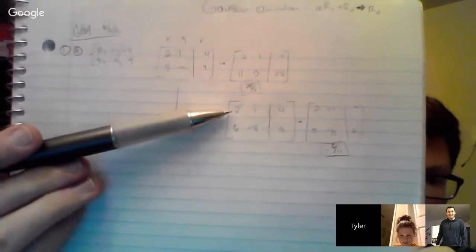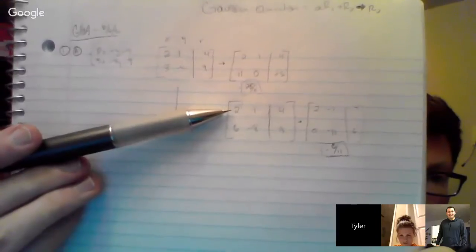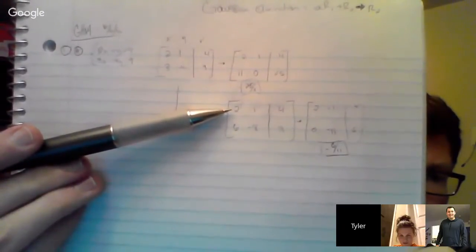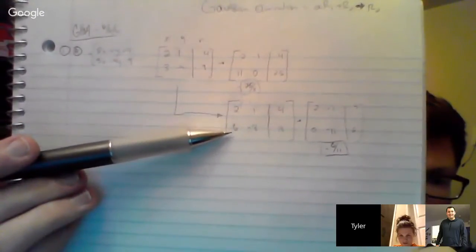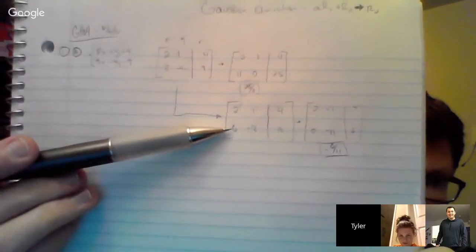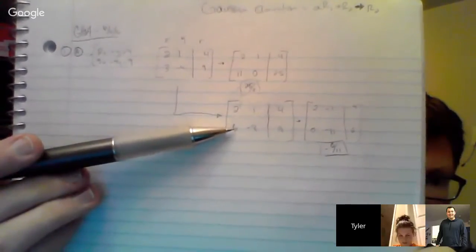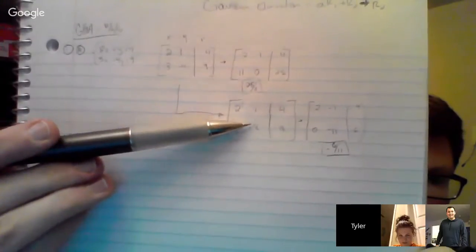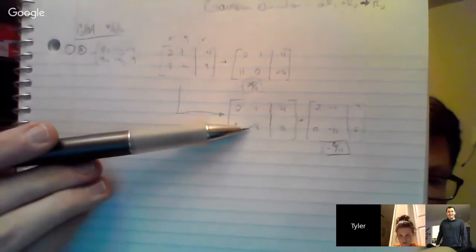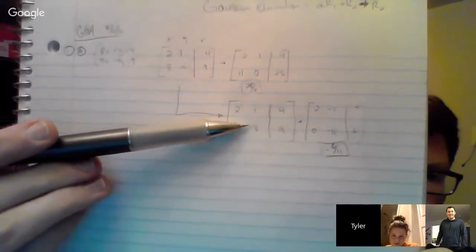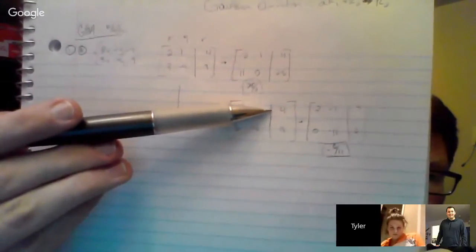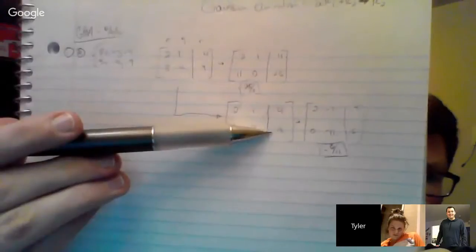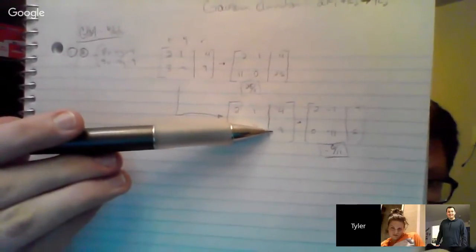If I've got negative line 1, so that's negative 2, I'm adding 3 times negative 2 to line 2, so that zeroes out. And then I'm adding 3 times negative 1 to line 2, so that gets you negative 11. And then I'm adding 3 times negative 4 to line 2, which gives you 6.